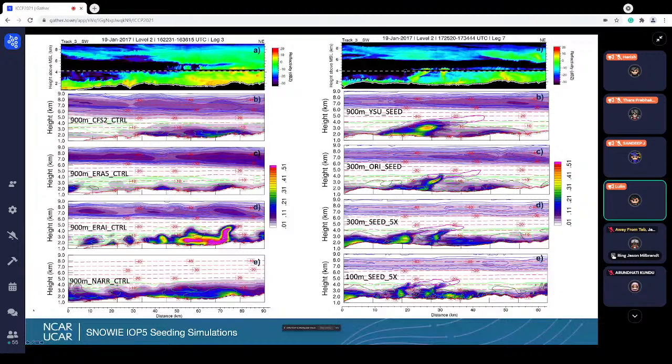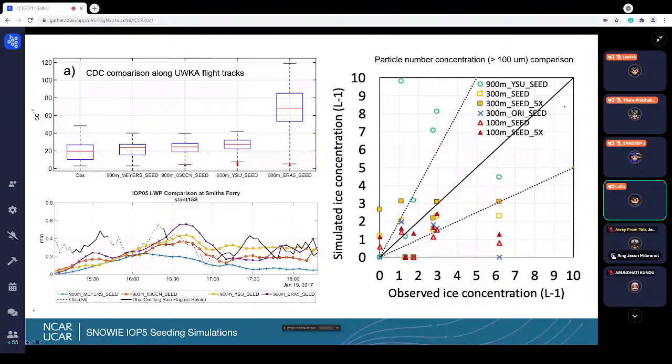And then we have to compare all our model microphysical and also other properties to the observations. And what we notice is that all the snowy earlier cases show a very clean background. So observation indicates we have only about 20 per cc cloud droplet concentration during the flights. And if we use the regular aerosol concentration or climatology concentration, it will give us a much larger overestimation.